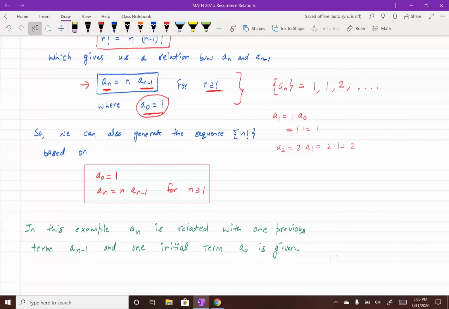So in this example, the nth term is related to your n minus 1 term and only one initial term was given. Let's look at another example where you need to define more initial terms and then you have a relationship between your nth term and some more previous terms.